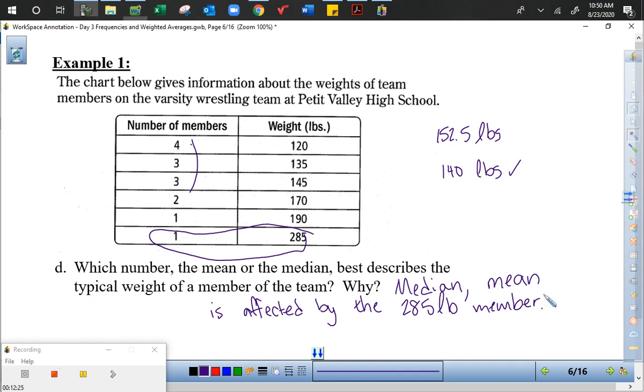So mean is really affected by extreme values, where the median really isn't. The median doesn't care what these weights actually are. They care that they're in order and they find the middle. So a lot of times median is actually a better measurement of center than the mean is, even though the mean is more commonly used.